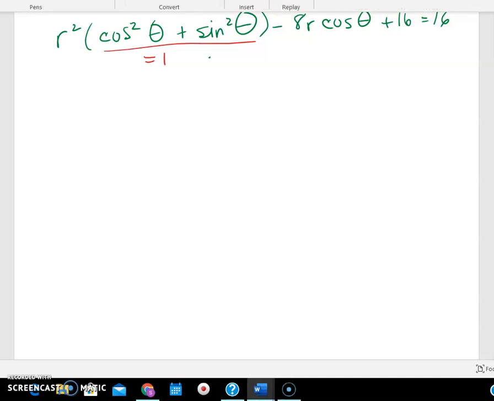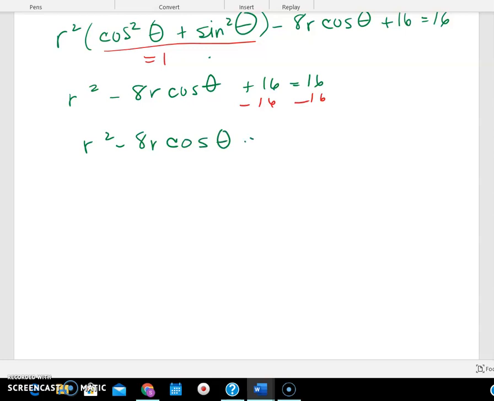So we know that cosine squared plus sine squared equals 1, which gives me r squared minus 8r cosine theta plus 16 equals 16, and then we're going to subtract 16, which gives me r squared minus 8r cosine theta equals 0. And so this is just like if we had any other polynomial, we would try to factor it first.